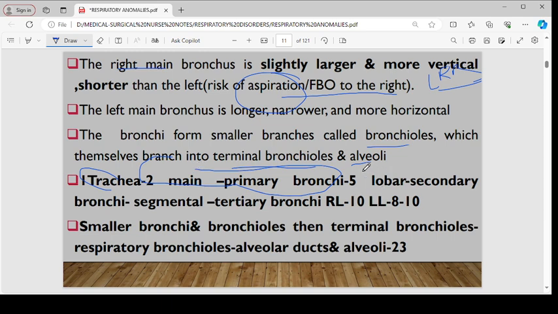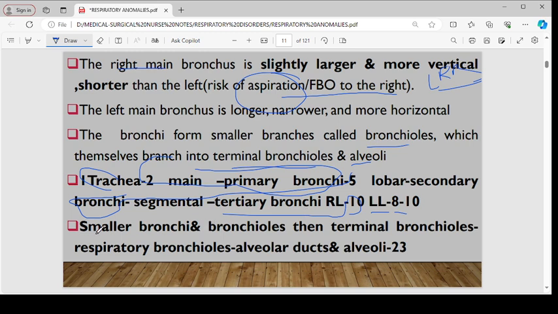Then we have five lobar secondary bronchi, related to the five lobes, two lobes on the left and three on the right, all right? Then we have the tertiary bronchi, where the right lung has around 10, while the left lung has between 8 and 10, based on anatomical variation.